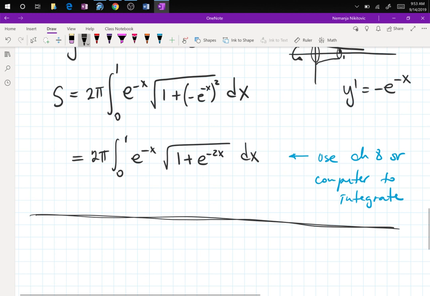We are going to learn that as well in chapter 8. You already seen some numerical integration in chapter 5, like 5.1, but that one is not as good as the things that we are going to learn eventually. So we don't have to panic yet about that stuff.